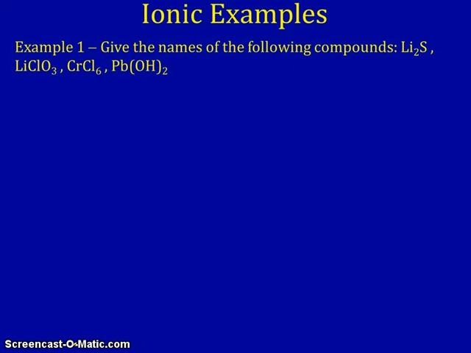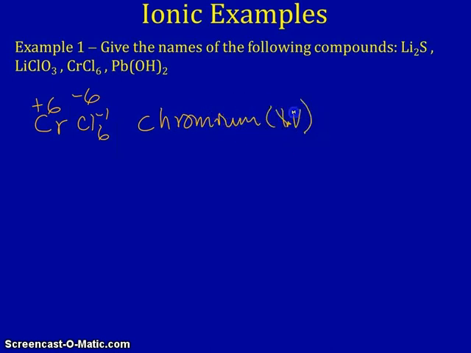So that means that chromium has given up enough electrons to produce 6 Cl negatives. That's a -6 charge. All compounds must be neutral, so chromium is +6. So when we name this, we're going to say chromium(VI) chloride.